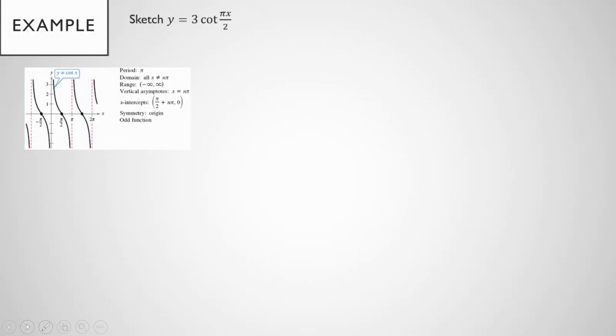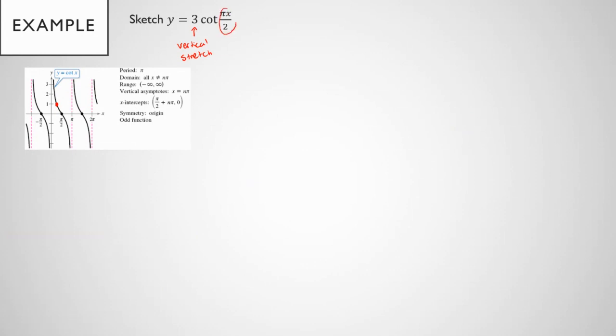So I'm starting off with y equals 3 times cotangent of pi x over 2. So I just like to write down what everything does. So that 3, that's going to give us a vertical stretch. So that's going to be multiplying y values by 3. And again, I'm going to be using values on my existing graph where the y value is 1 to help eyeball where that's going to be.